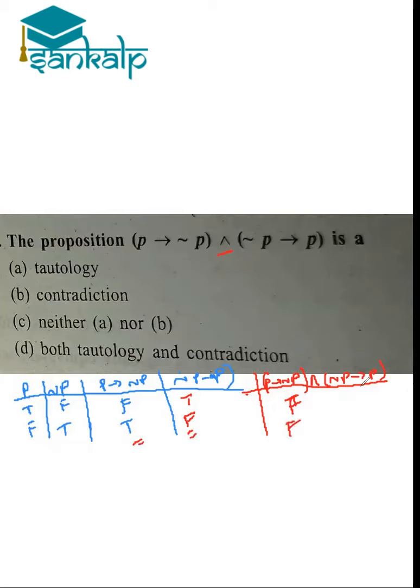So we are getting the final answer as F and F. So the option B is the right option, that is a contradiction. The given statement is a contradiction.